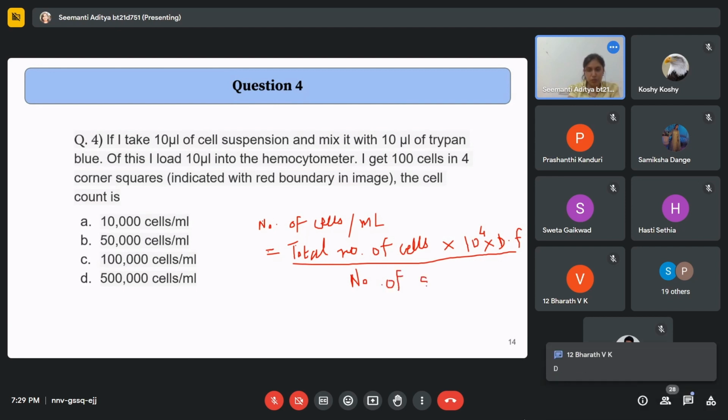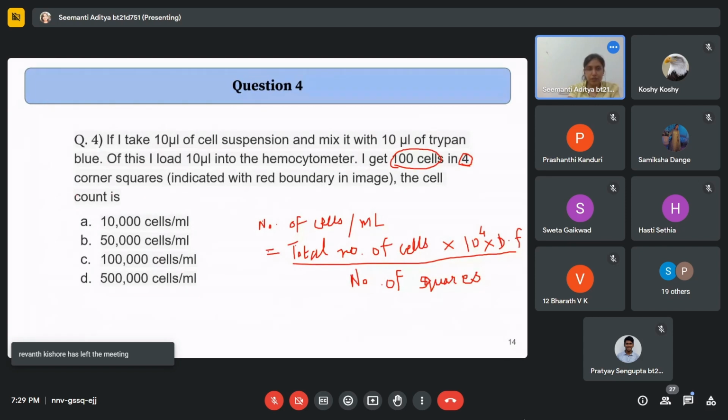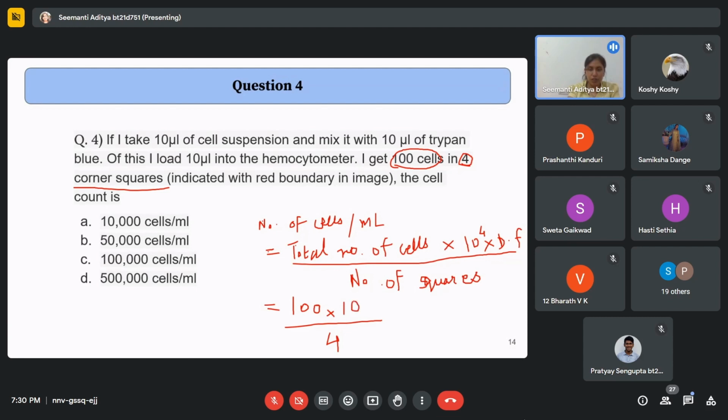So we have 100 cells in 4 corner squares, right? So the total number of cells is 100. And the number of squares we are counting is 4. And so we have to multiply it with 10 to the power 4 according to the formula.